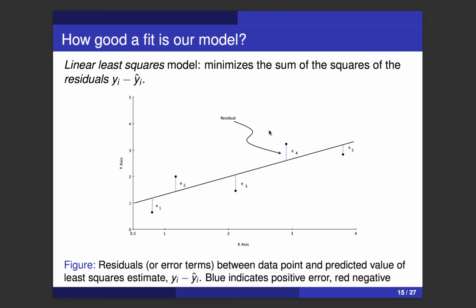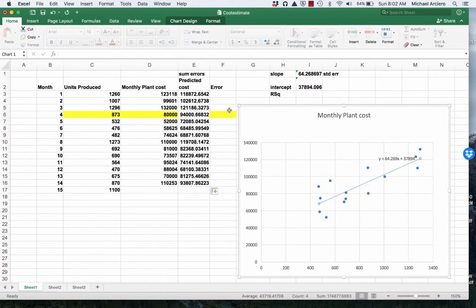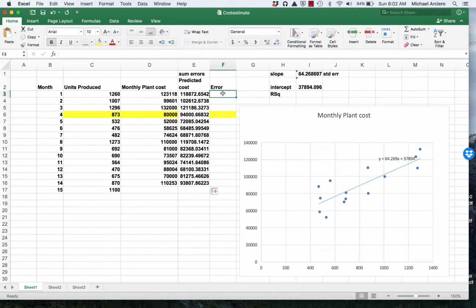How good is our model? Well, we can see that all of our values actually lie off of the line. So there's a little bit of an error here, and we can find out what those errors are, and those errors are called residuals. All we need to do is find out the difference between our actual cost and our predicted costs.